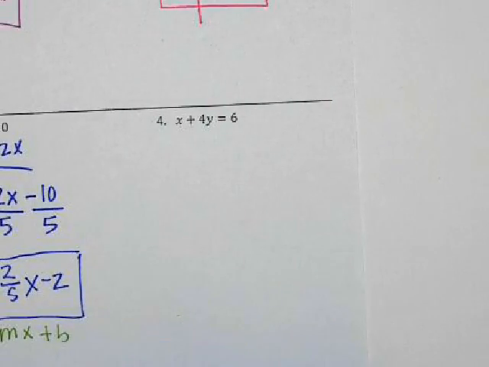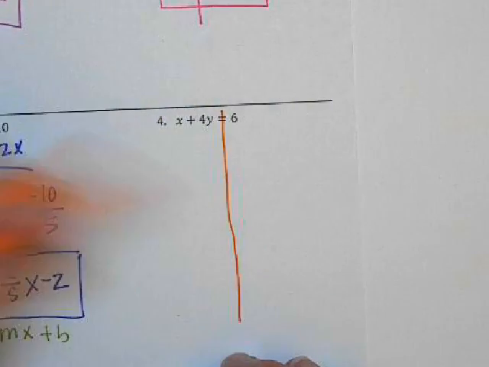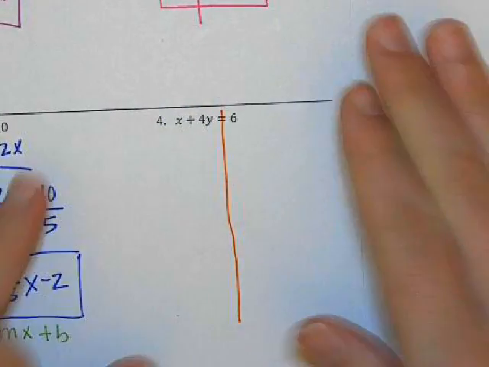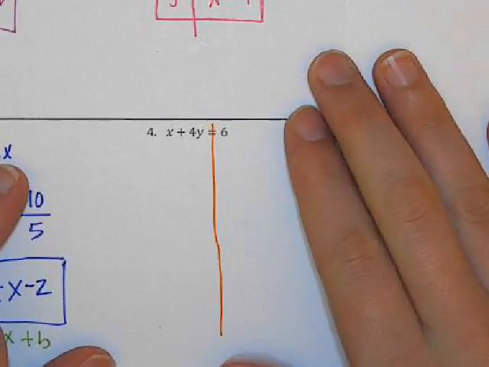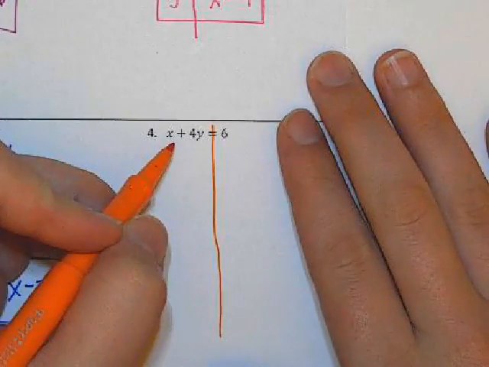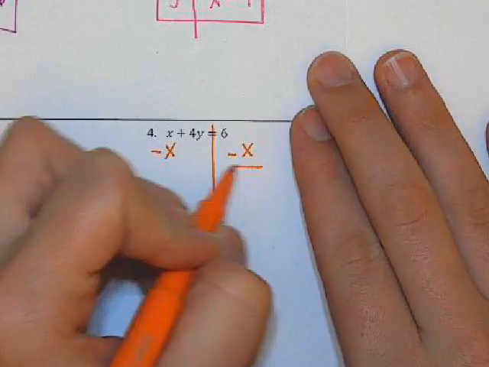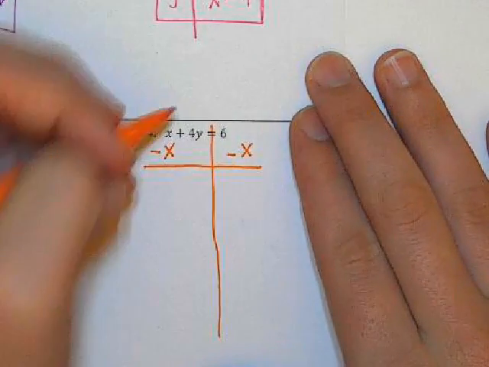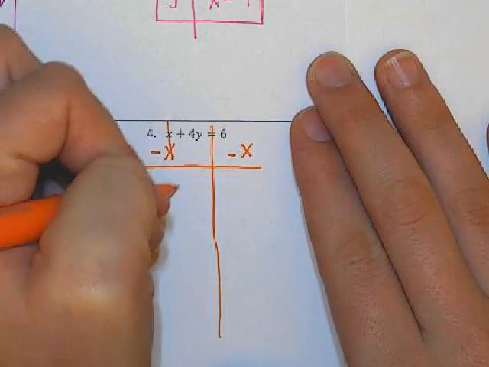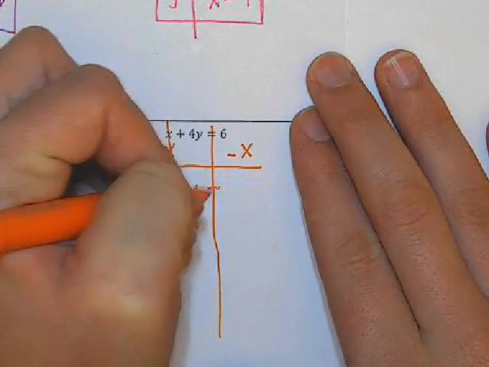Okay, number 4. Draw your line. What am I solving for? Y. So what do I need to get rid of? How do I get rid of a positive x? Minus x on both sides. x minus x is 0, and I'm left with 4y equals.